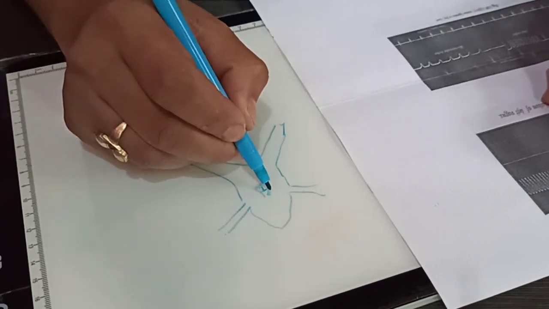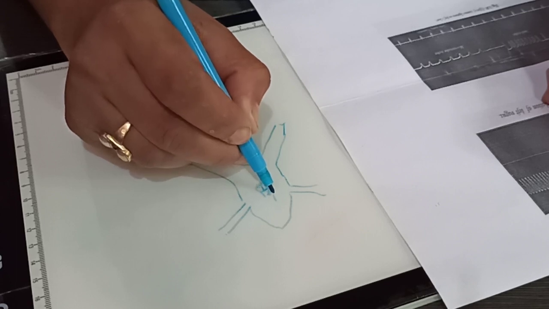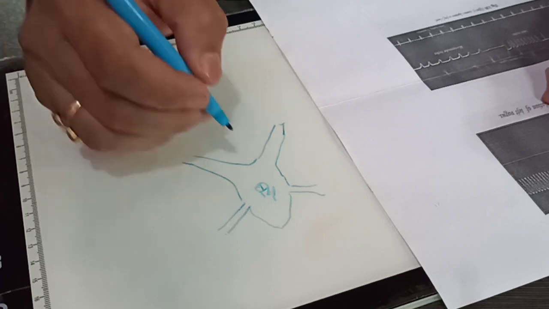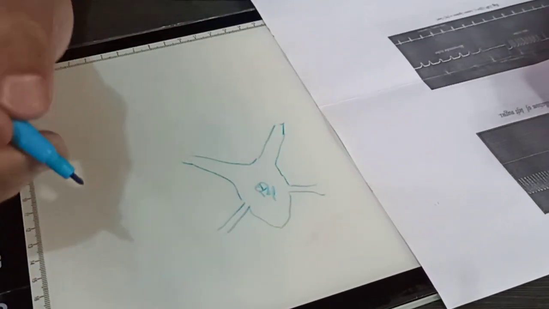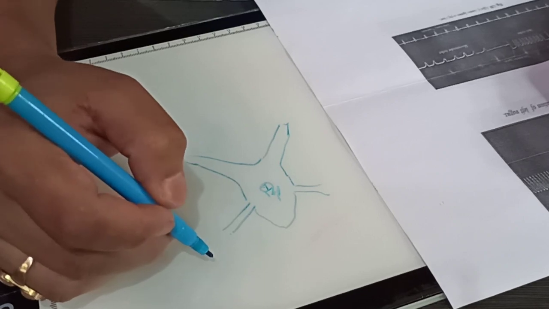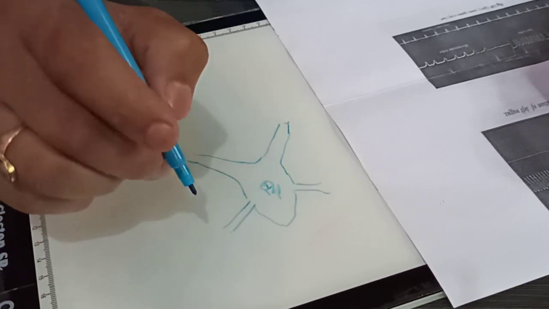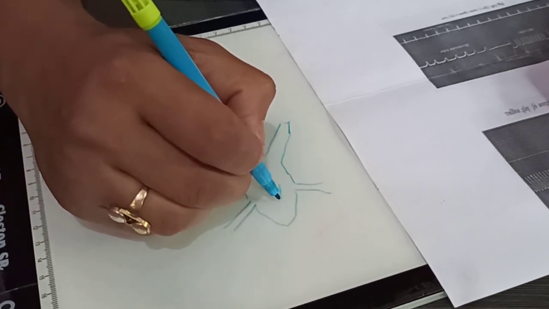So by the side of this, if you just dissect, then you will get the vagus nerve, the white structure. That is the vagus nerve. Okay, and when we were PG students, our teacher told us to give stimulus, record the heart rate, and give stimulus to every structure whatever is there.